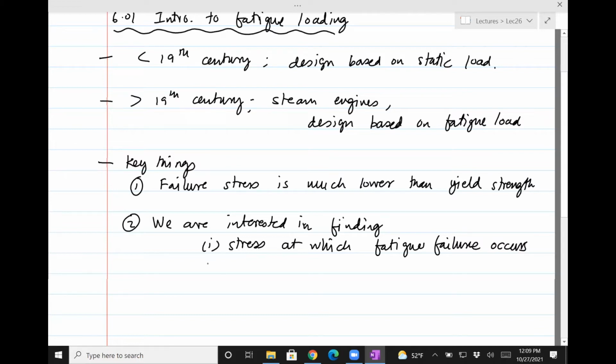And then the other thing we're interested in is the number of cycles to failure.